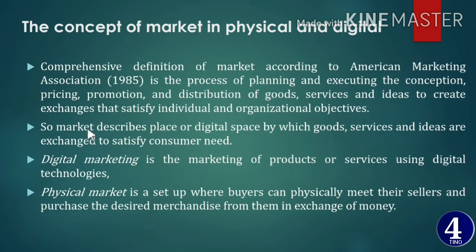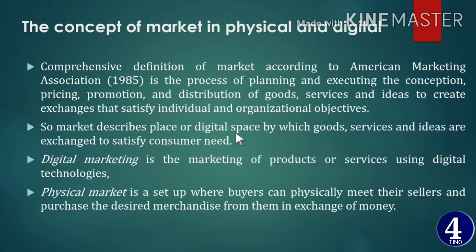So market describes a place or a digital space. That's the important point. A market can be a place, like the market that you know in your local area, or else a market can be a digital space like Amazon, for example.